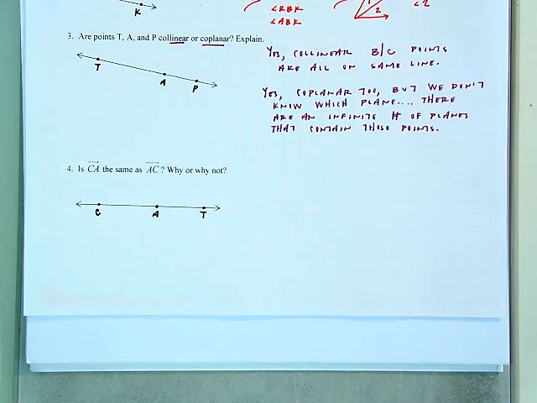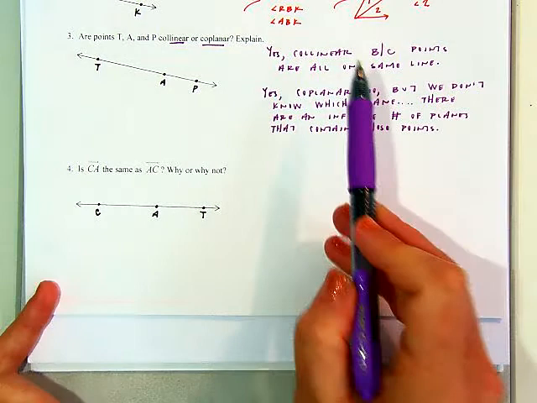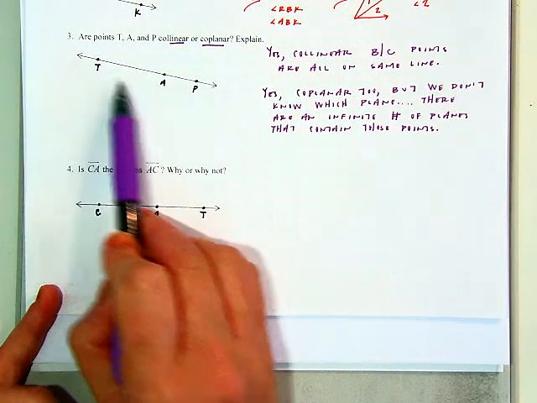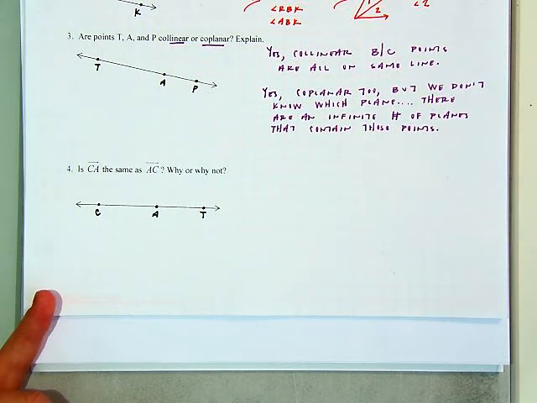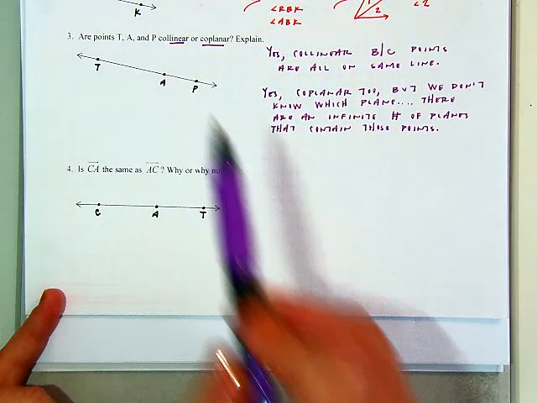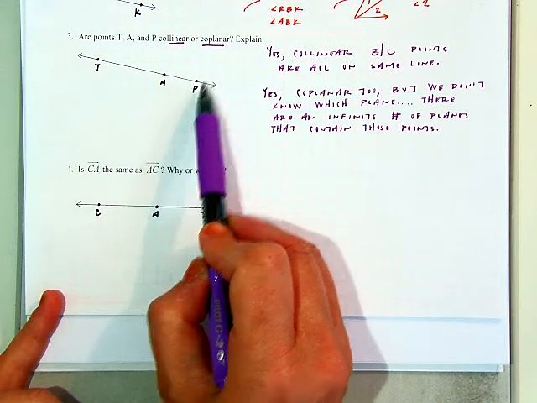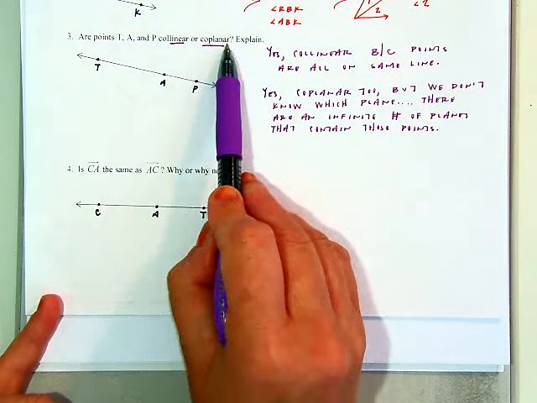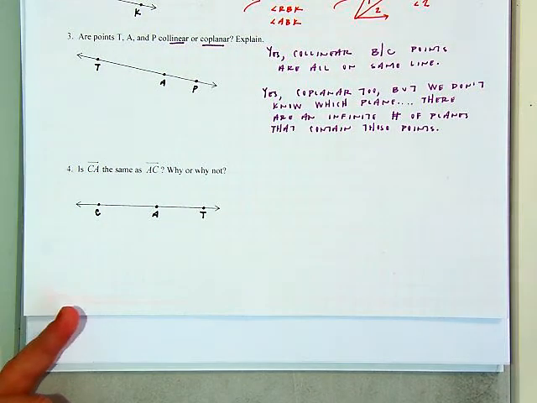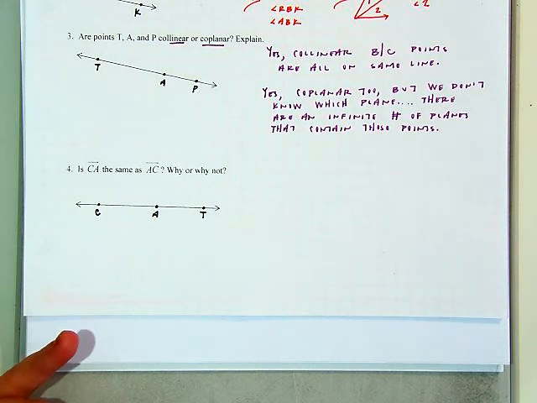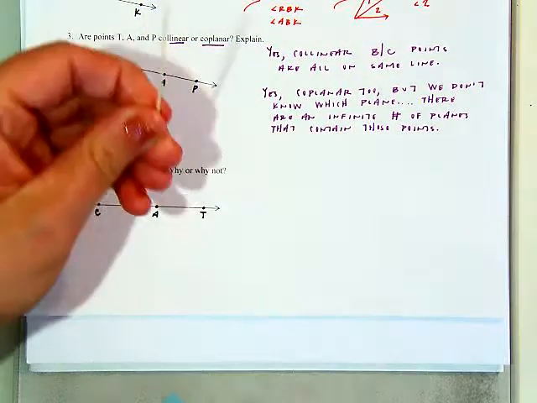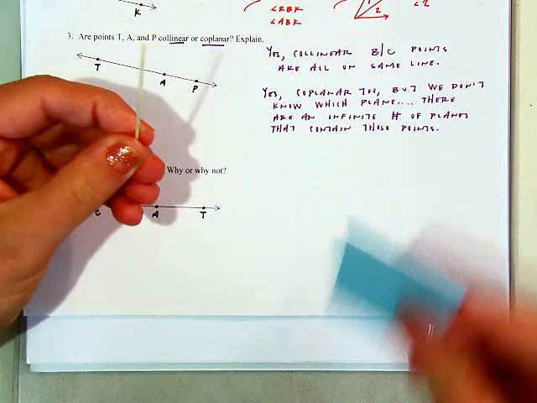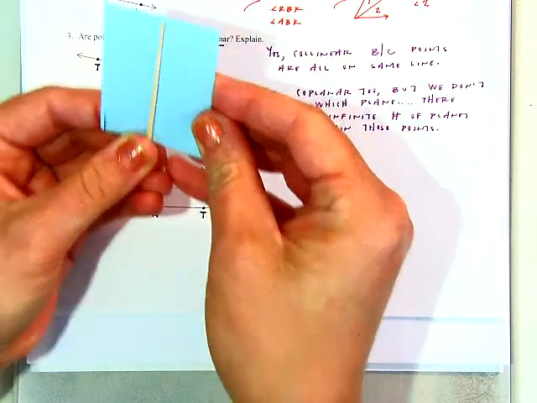Okay, so points on the same line are collinear, and these points are definitely on the same line. How about points that are collinear? Are they also coplanar? Are they also on the same plane? Well, yes, they're on the same plane. Technically, there's an infinite number of planes that would contain those points. So let's say that I hold my little toothpick like this, I have this plane that would contain them.